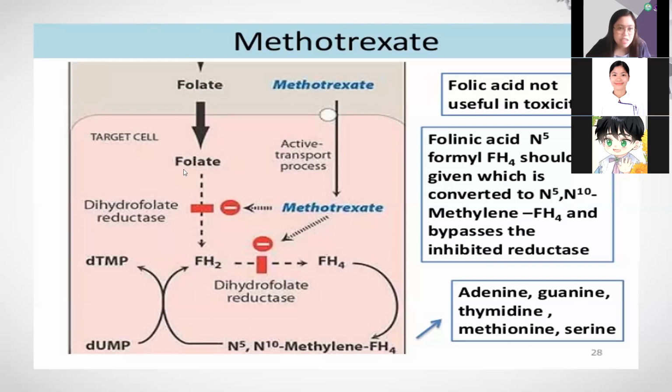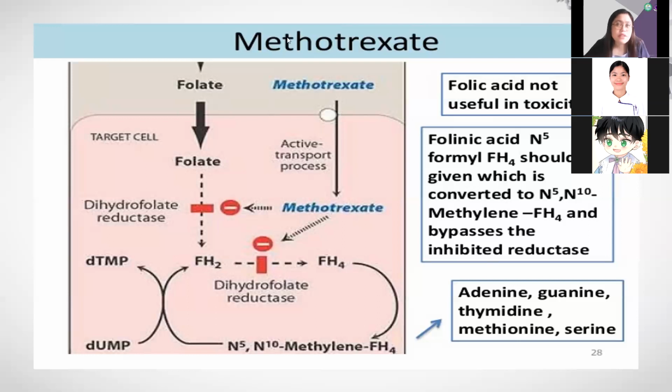Once it enters the cell, it will be metabolized by the enzyme called dihydrofolate reductase into FH2. We call this FH2. But another enzyme, the same enzyme, the dihydrofolate reductase, will convert the FH2 to FH4. So FH4 now is responsible for cell division.